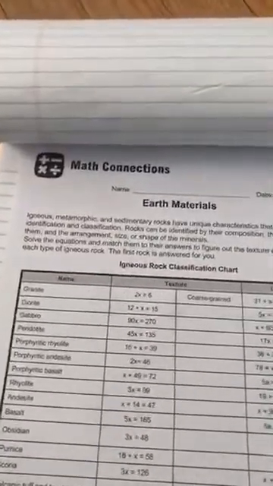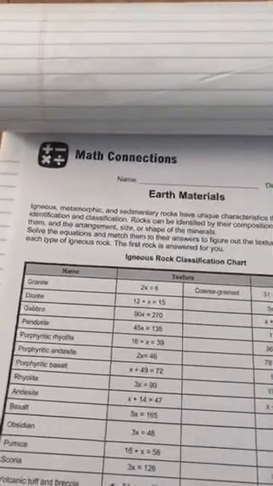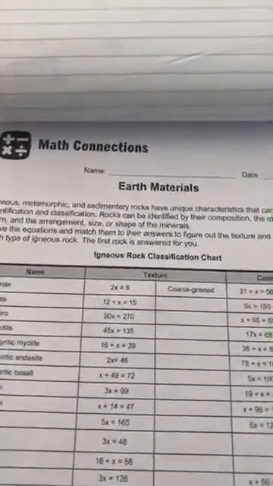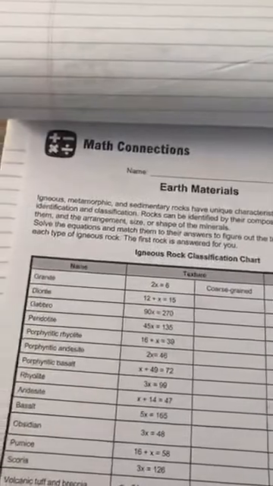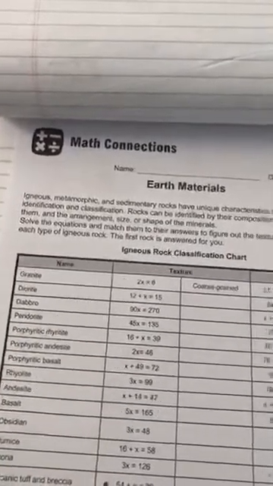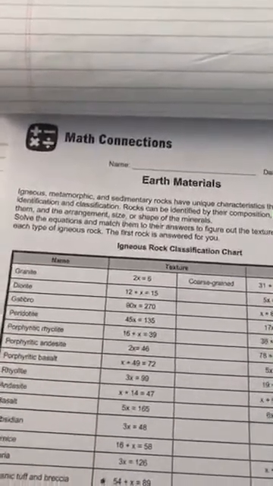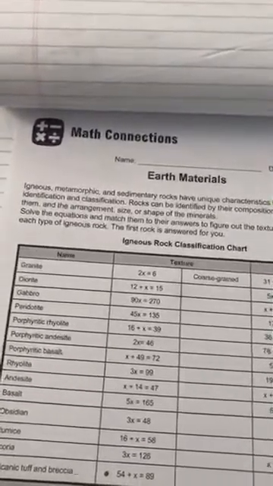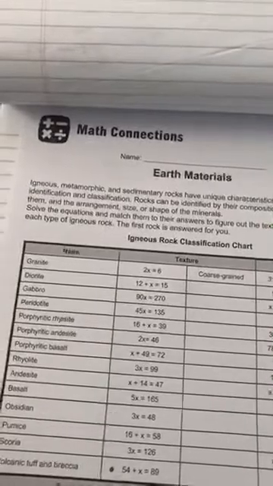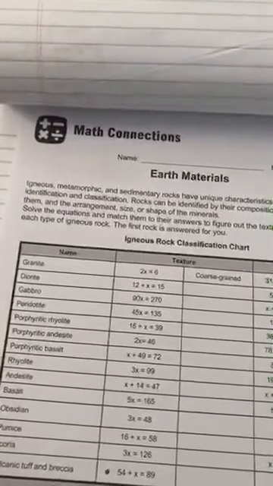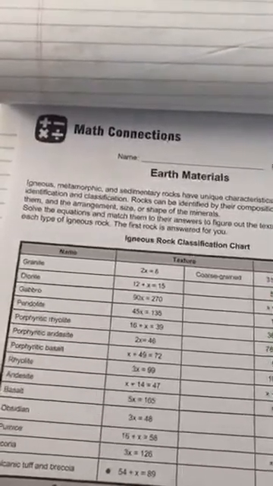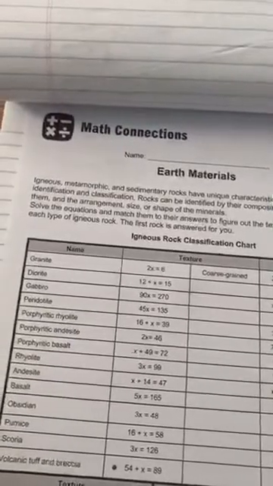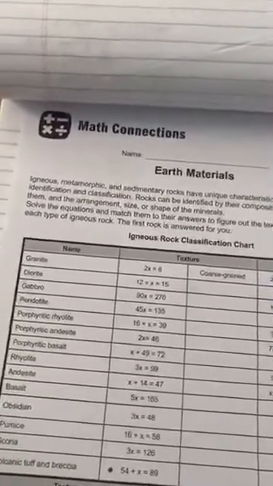Igneous, metamorphic, and sedimentary rocks have unique characteristics that can be used for identification and classification. Rocks can be identified by their composition, the minerals within them, and the arrangement, size, or shape of the minerals. Solve the equations and match them to the answers to figure out the texture and composition of each type of rock. The first rock is answered for you.